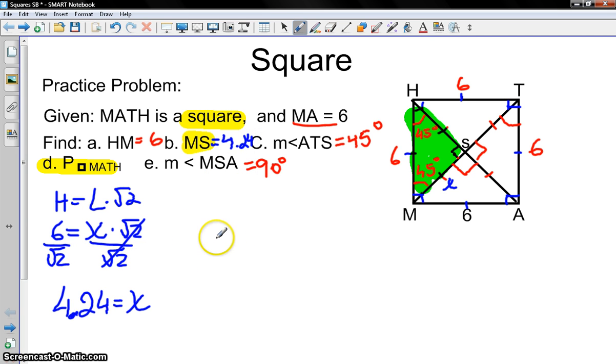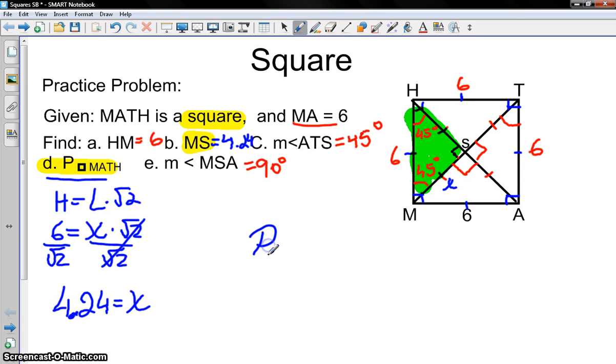Okay, now the other thing that we have left is the perimeter. Now, what's the perimeter of a square? You just have to add all of the sides together. Well, all of the sides are 6. And how many of them? 1, 2, 3, 4.